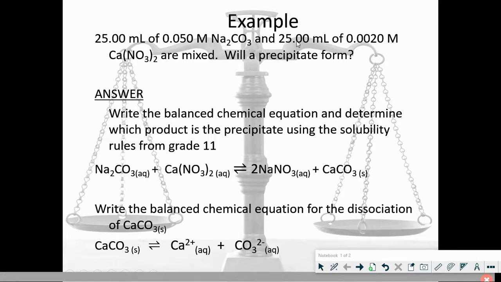But remember, when you mix solutions, you increase the volume. So this is a question which is quite nice. You have the exact same volume of both solutions, which means that when you combine the two of them, the concentrations will just be halved. So the concentration of carbonate should be 0.025 molar, and the concentration of calcium ion should be 0.0010 molar.